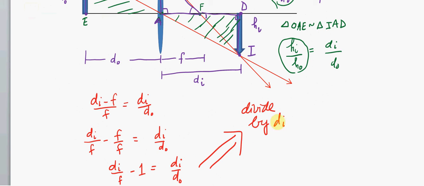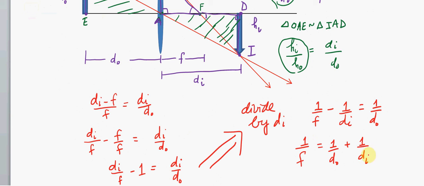So D sub I over F, that's just going to be 1 over F, minus 1 divided by D sub I, that's just going to be 1 over D sub I, and then D sub I over D sub O, the D sub I goes away, so I get 1 over D sub O. Rearrange a little bit, and we get 1 over F equals 1 over D sub O plus 1 over D sub I. So there you go. That is the first lens equation that we're going to use.